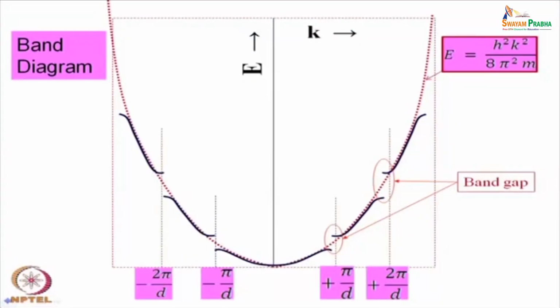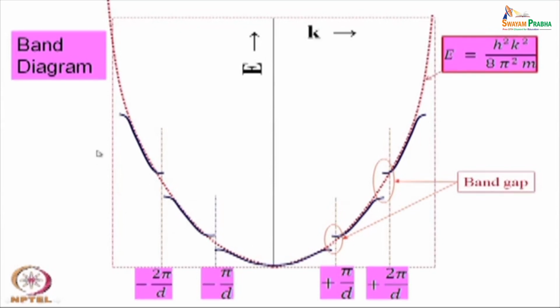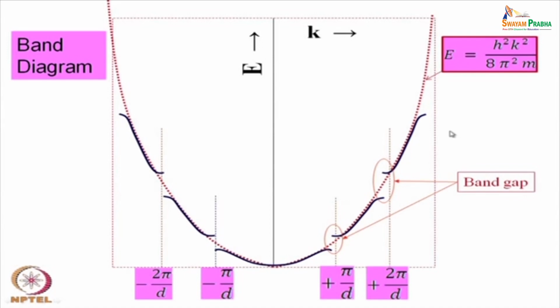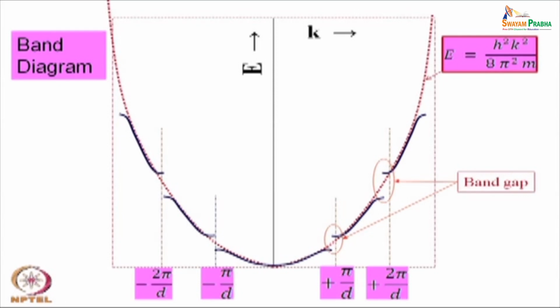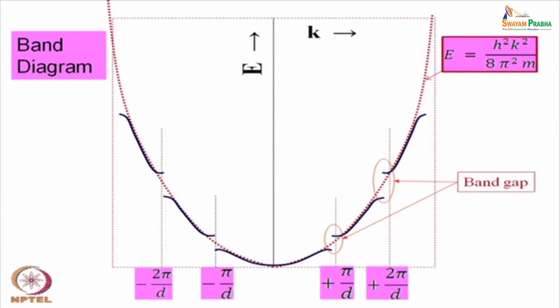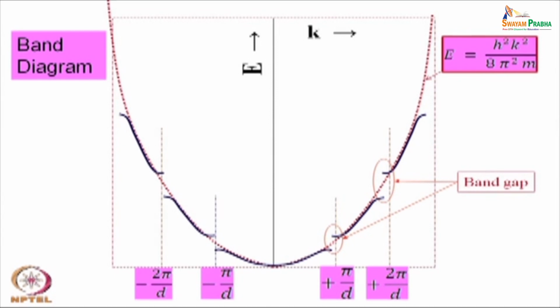So, the first level of continuous energy levels in this picture is called the first Brillouin zone, then the second Brillouin zone, the third Brillouin zone, and so on. It is a little difficult to visualize the exact shape of these zones, but basically they are 3 dimensional cuboid kind of pictures, and it depends on what kind of crystallographic relationship it has.